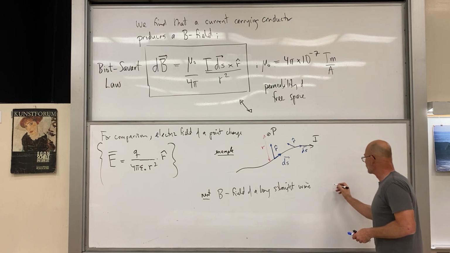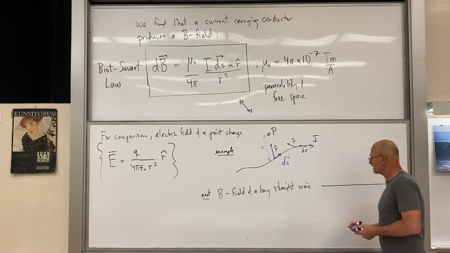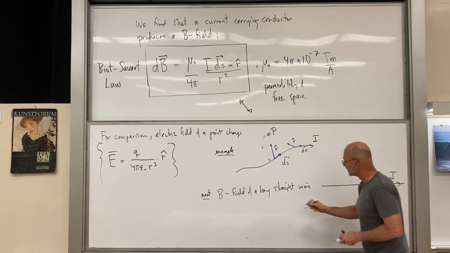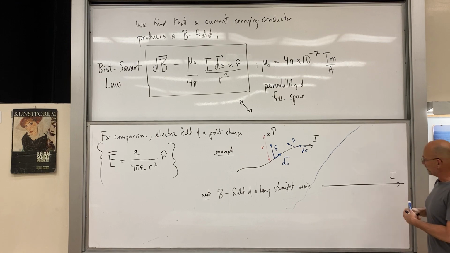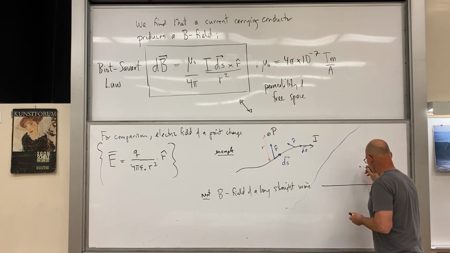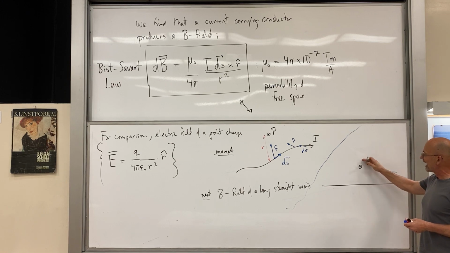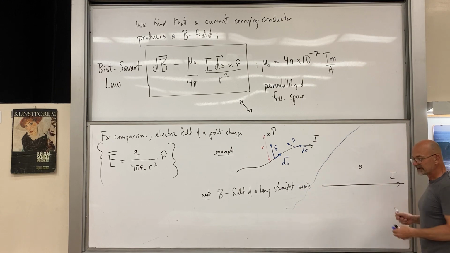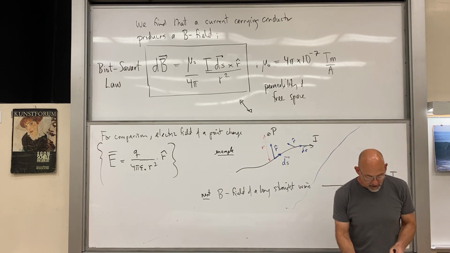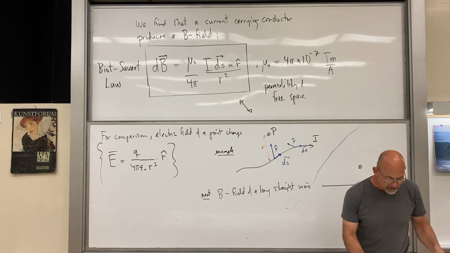So we have a long straight wire. There's our current. I'm separating it off from what we did here. And we have point P again. By the argument I just gave, that B field is out of the board, and we have to integrate from minus infinity to plus infinity. I have that integration here, but I'm just going to formulate it and give the result.